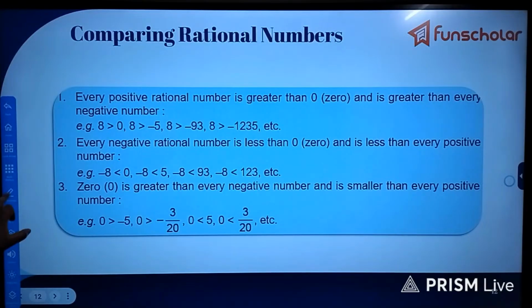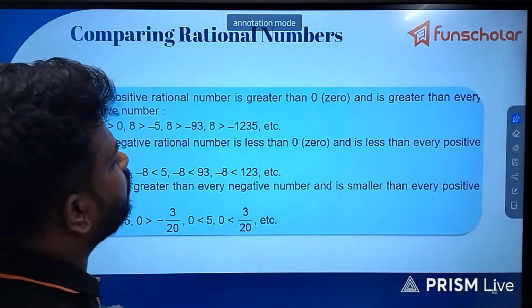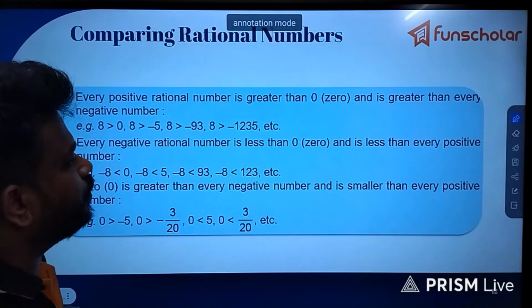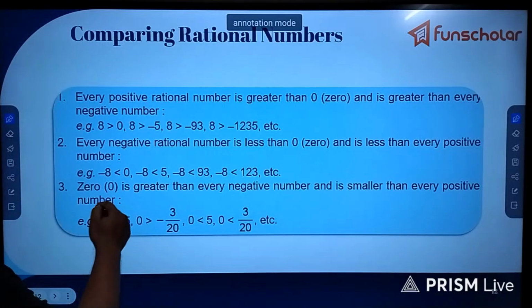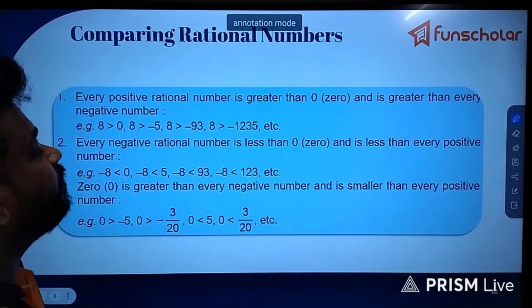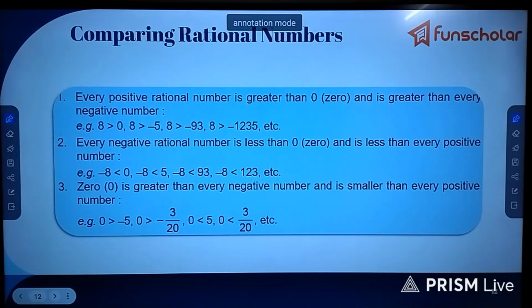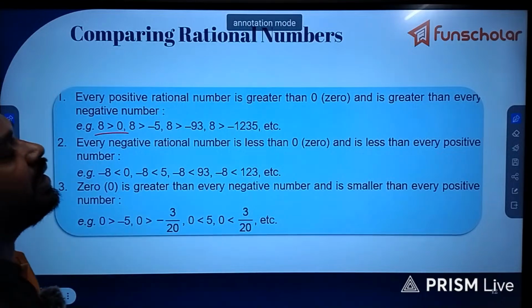The next one: every positive rational number is greater than 0 and is greater than every negative number. Obviously, every negative rational number is less than 0 and is less than every positive number, and 0 is greater than every negative number and is smaller than every positive number. The first example: every positive rational number will be greater than 0.